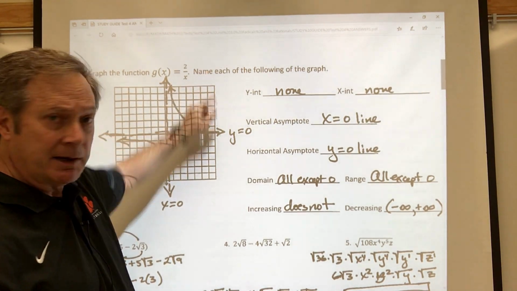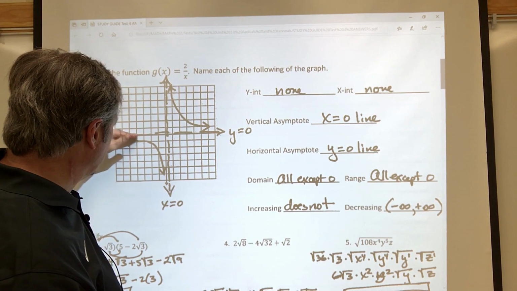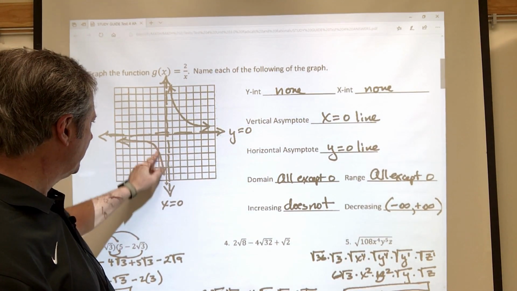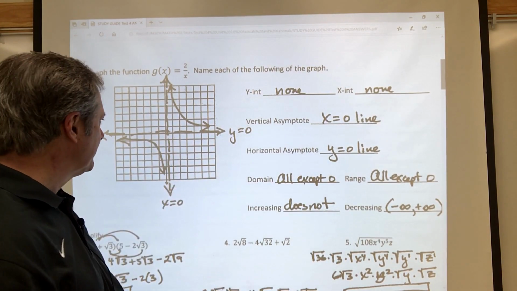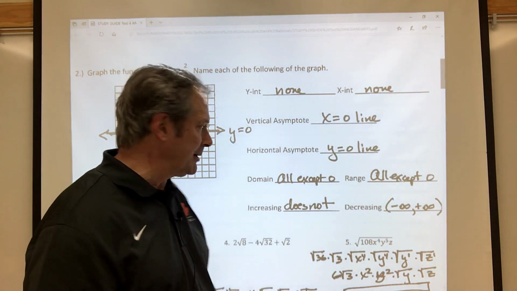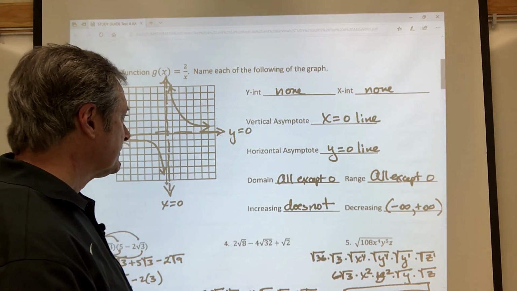Similarly, there is no other number indicated to the right of that, so the horizontal asymptote is right on top of the x-axis. Because it's positive, we have branches here and here. There is no y-intercept. There is no x-intercept, because these branches never actually touch the asymptotes.